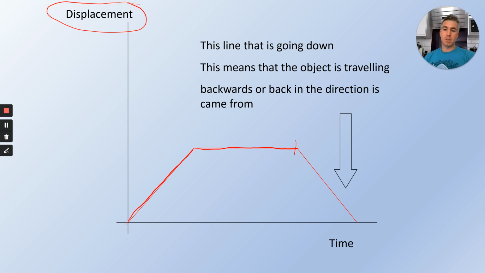Sometimes when the graph goes back down, that person has gone back to their starting point. So they've moved at a constant speed, they've stopped and gone back. It's like you walk out the house, you get to the end of the road, you realise, I've forgotten my phone, check your pockets.